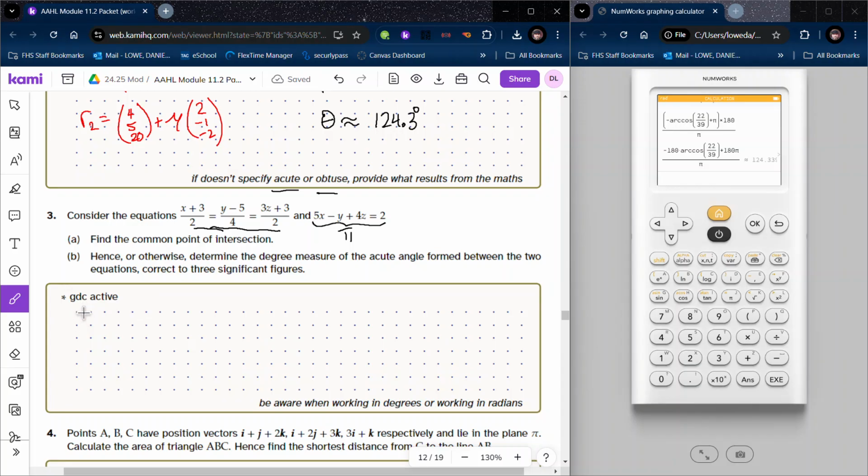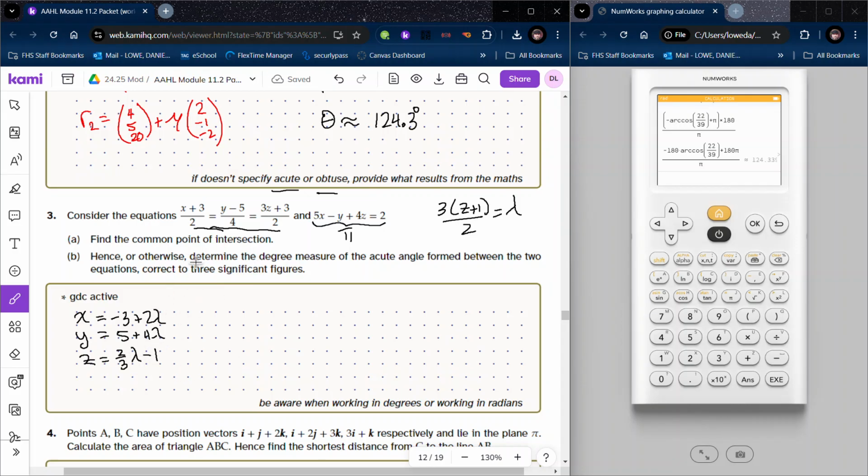To find the common point of intersection, we need x, which is going to be -3 plus 2 lambda, and y, which is going to be 5 plus 4 lambda, and z, which is going to be, let's see here, if 3 times z plus 1 all over 2 was equal to my parameter, then I know that z is going to be 2/3 lambda minus 1.